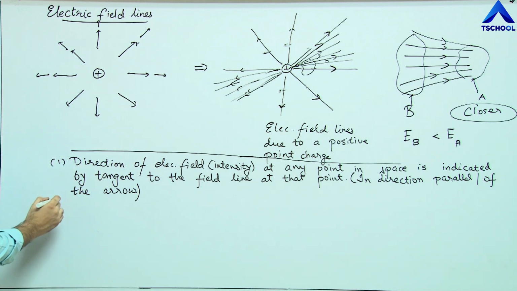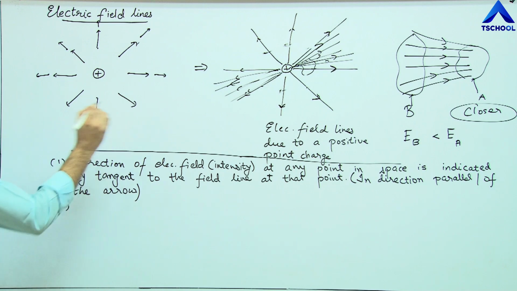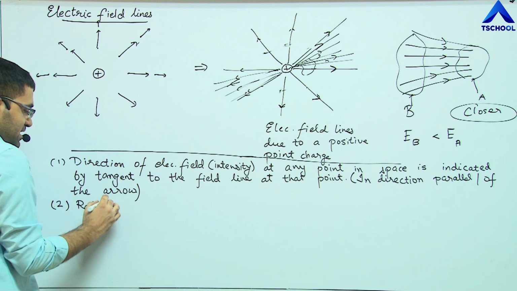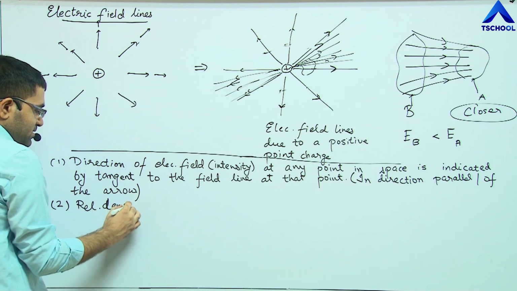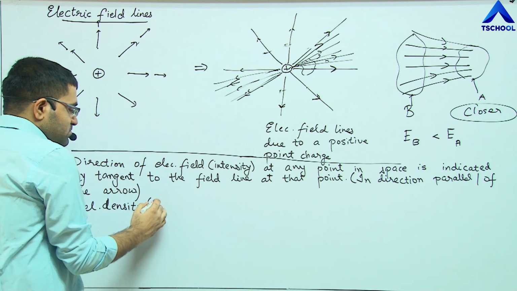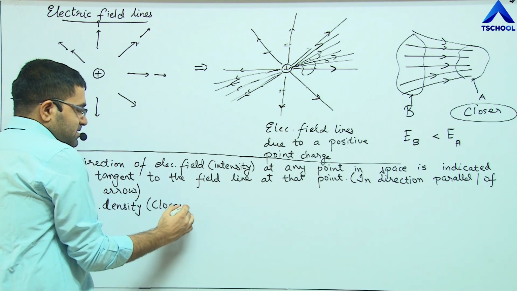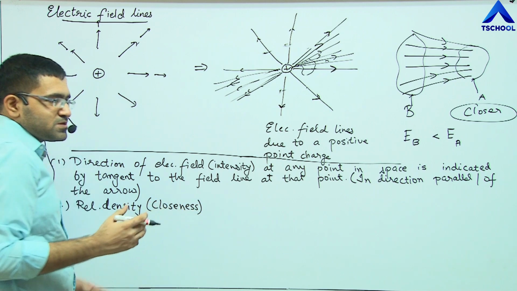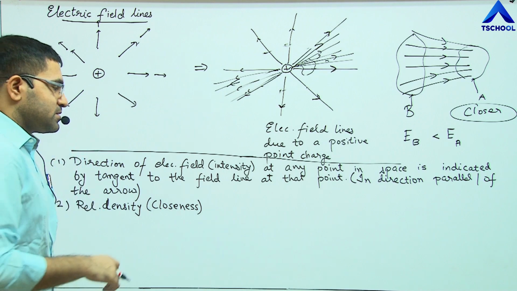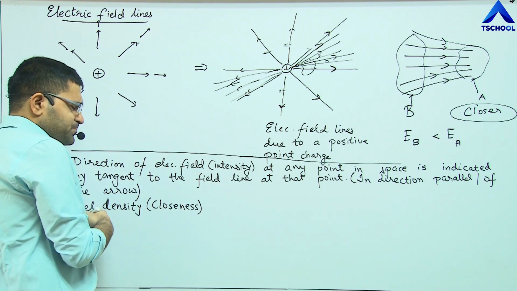The second thing that I have explained over here is the relative density, that is, how close the field lines are. So maybe just to give you an easy word to remember, the closeness, right? The correct word is actually proximity, but that would be a bit tough for you.